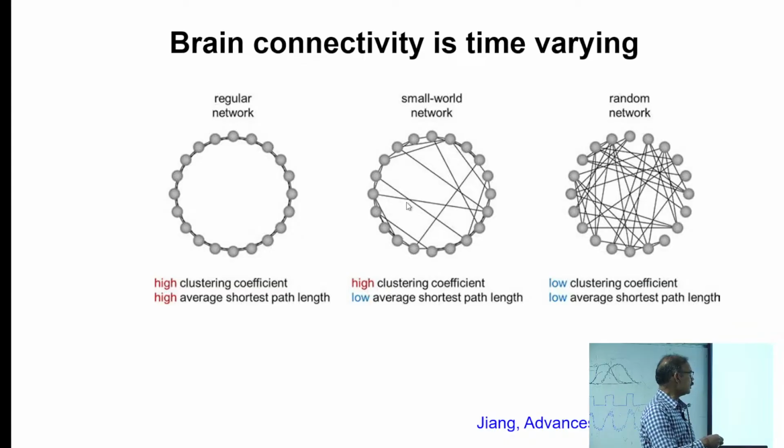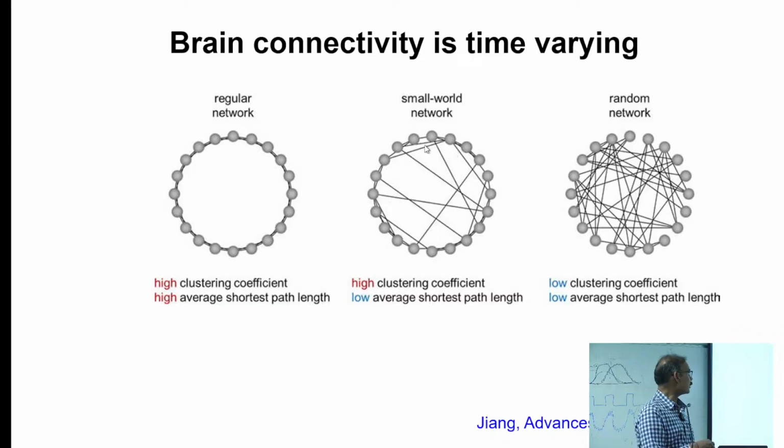This one is called a small world network. And the idea here is, can anyone explain? So you can think of these as hubs, right? There are a few hubs.